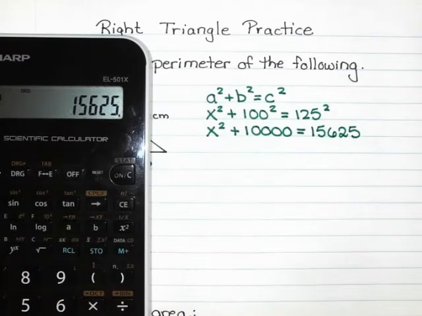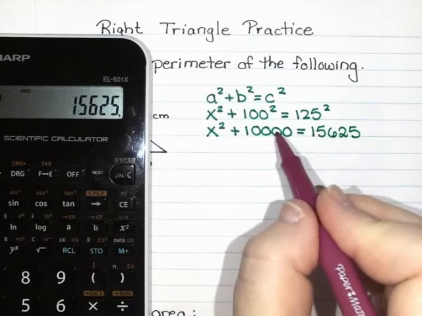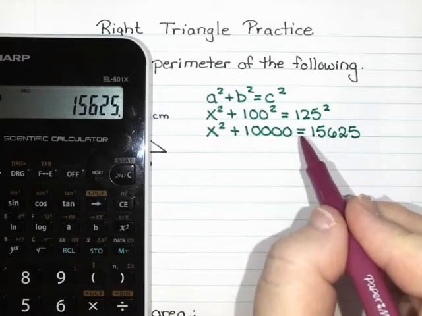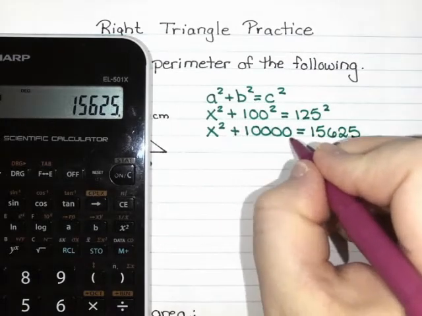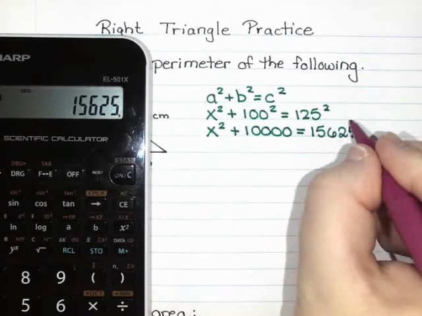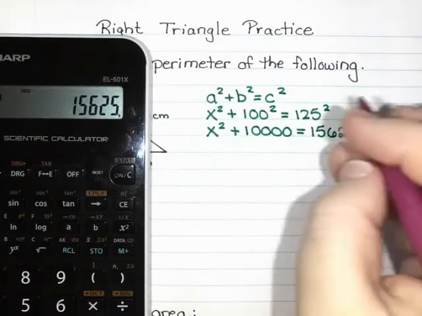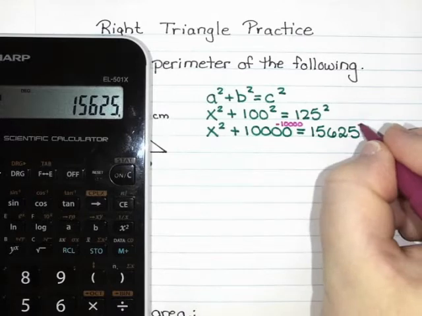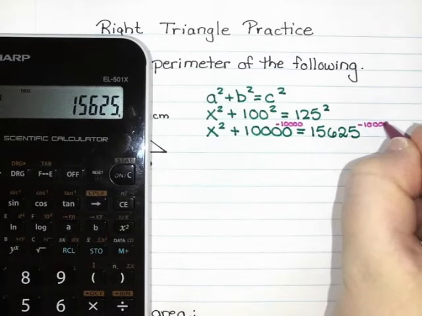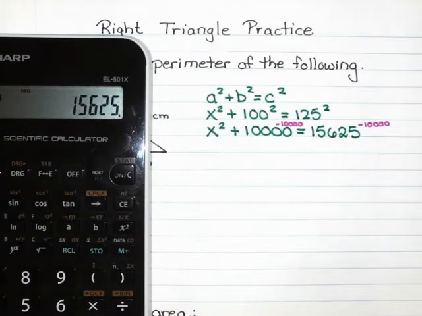From here, in between the 2 numbers, I notice that there is an equal sign. So I am going to have to move this 10,000 over to the other side by doing the opposite of addition, which is subtracting. So I'm going to subtract 10,000 from both sides.